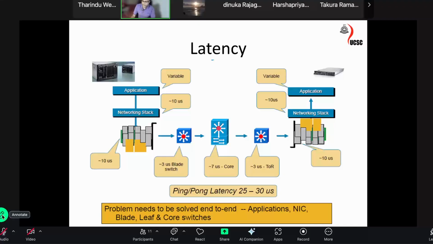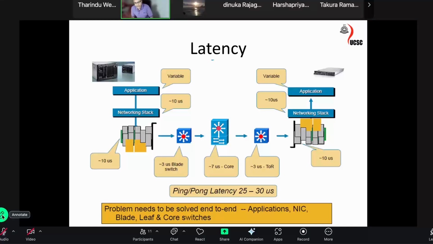The intermediate core or spine switch takes 7 microseconds, and then there is another top of the rack switch connected to the server application, similar to the client side, at 3 microseconds. These are rough numbers just for your example. Then again the server-side network card and serialization take 10 microseconds, and the kernel TCP/IP stack takes another 10 microseconds.